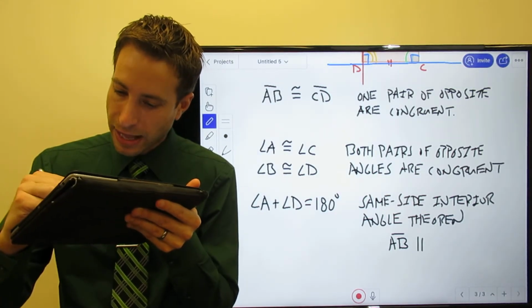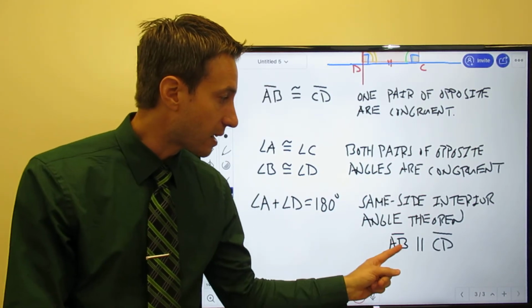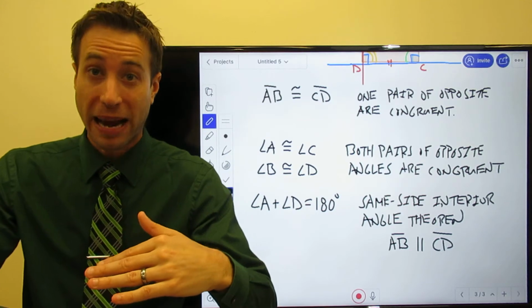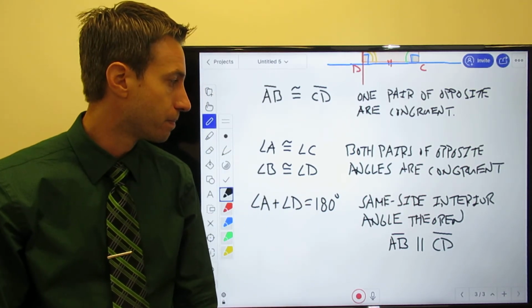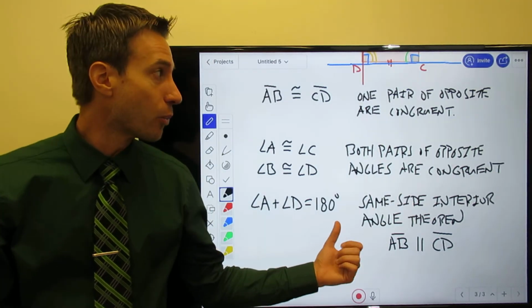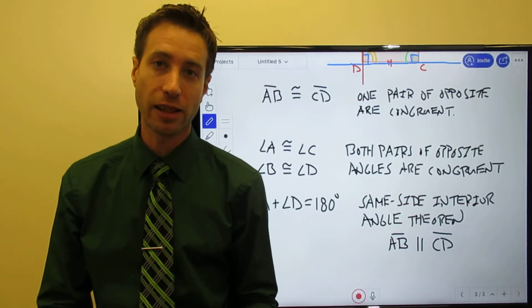AB is parallel to side CD, and therefore, because those opposite sides are parallel, it must be a parallelogram. So there's three different ways that I can show the quadrilateral above is a parallelogram.